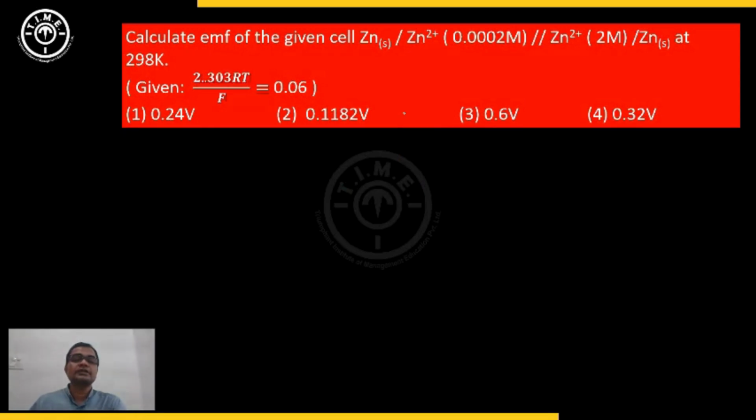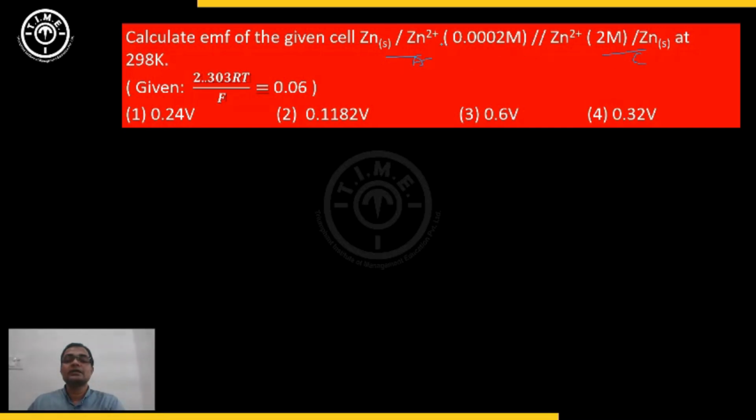Now we discuss some questions which were given in previous entrance exams. Calculate the EMF of the given cell. In this cell here, this is a zinc electrode taken as the anode. This is also a zinc electrode taken as the cathode. So both are zinc electrodes taken as anode and cathode. Left hand side is the anode, right hand side is the cathode.